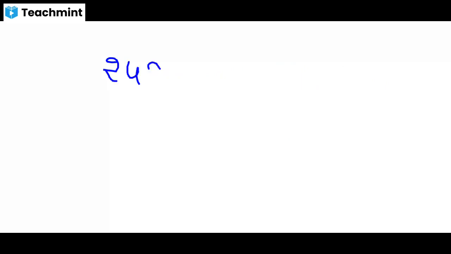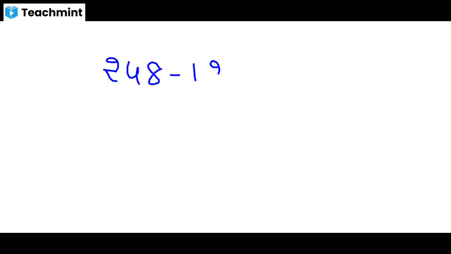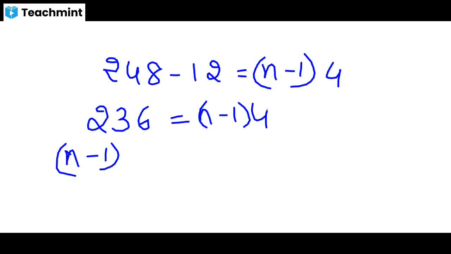Take this 12 from RHS to LHS: 248 minus 12 is equal to n minus 1 into 4. So 248 minus 12 is 236. So n minus 1 is equal to 236 by 4.